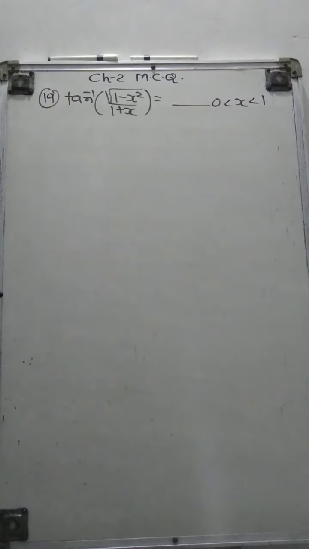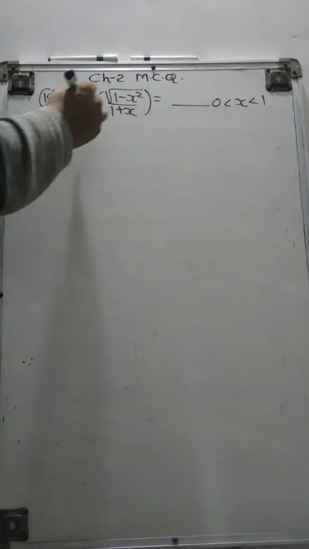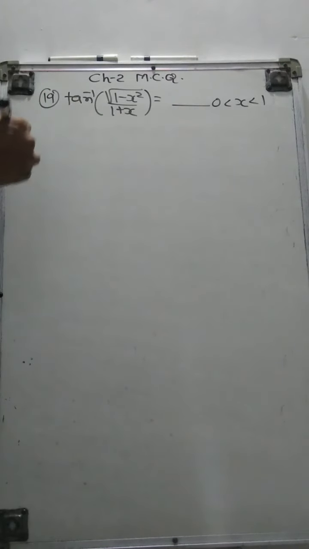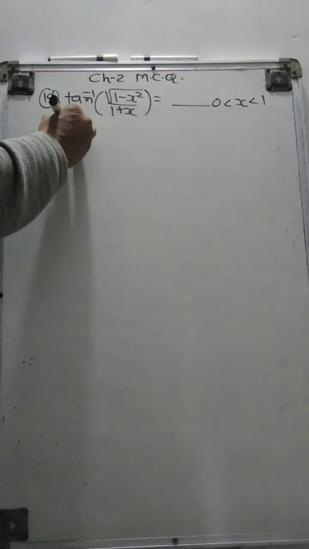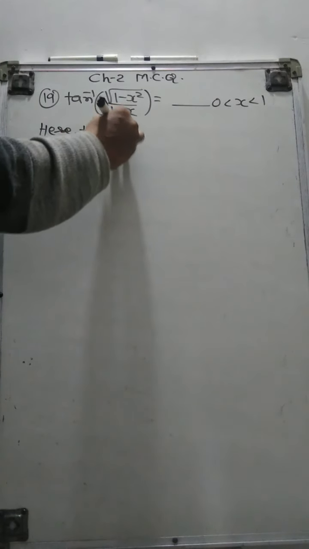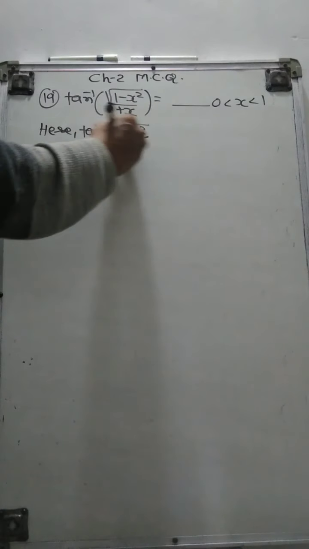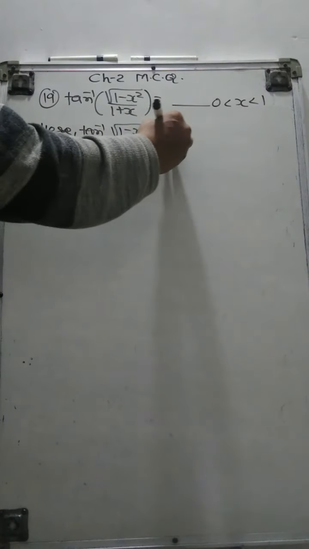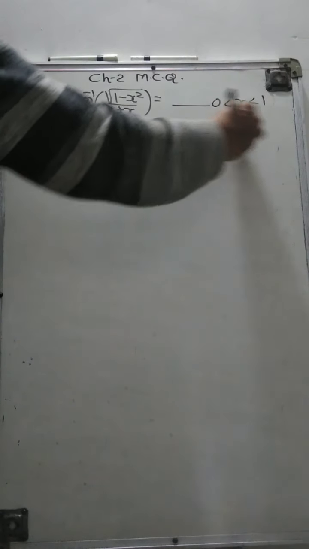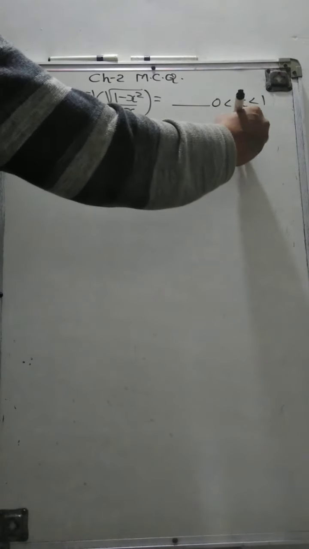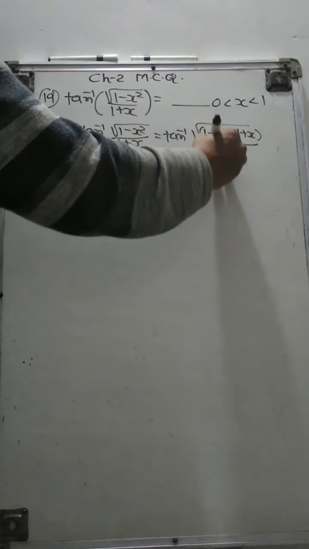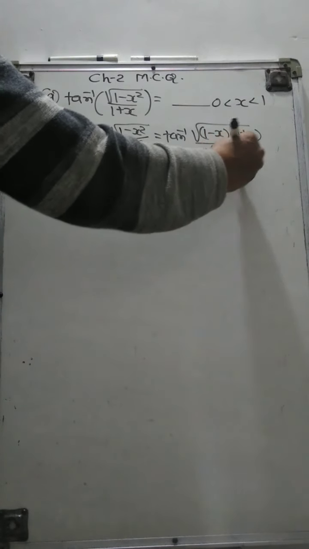Next sum, tan inverse root of 1 minus x upon 1 plus x is equal to dash, where 0 is less than x is less than 1. So here first of all we just simplify it, then we can say that here tan inverse root of 1 minus x upon 1 plus x is equal to tan inverse of 1 minus x, 1 plus x, upon root 1 plus x the whole square.